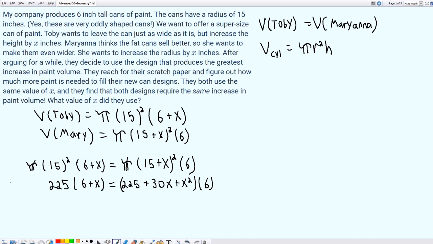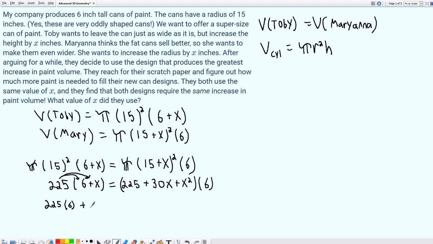Okay, so moving forward, we have 225 times 6, which I'm just going to write as that, 225 times 6. And what I'm going to do is distribute this 225. And you're going to see why I'm going to leave it like this in a second.